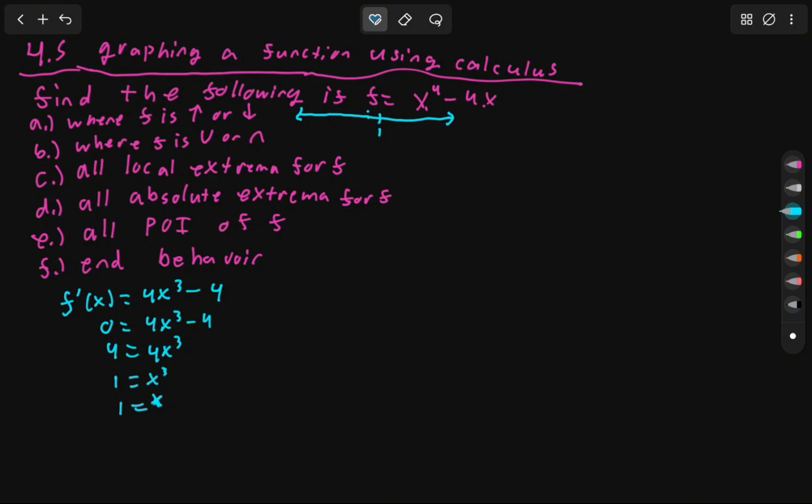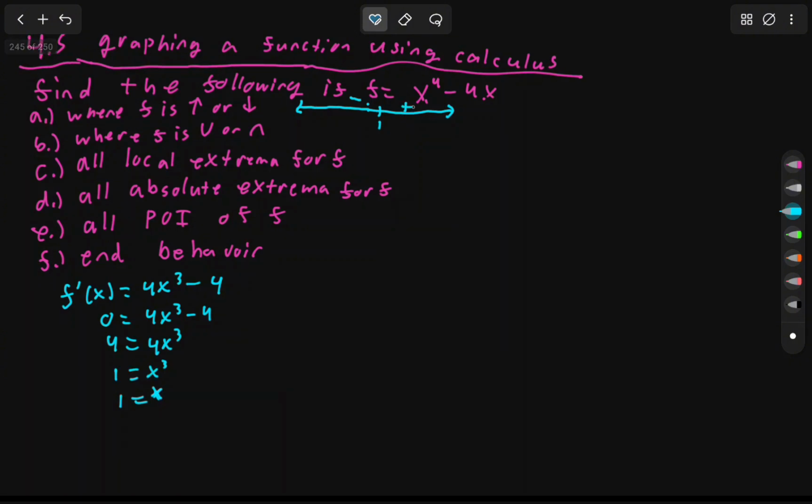If I plug in a value to the left, let's say 0, this is clearly going to be negative, so f is decreasing. However, if I plug in a value greater than 1, let's say 2, 2 cubed is 8, 4 times 8 is 32, minus 4, that is positive. So f will be increasing.